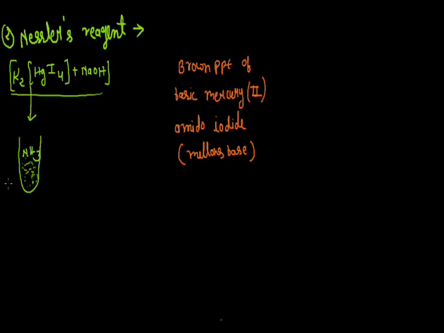So when we add Nessler's reagent to the test tube, after the reaction we find the brown PPT, that is Millon's base. This brown PPT indicates that the salt contains ammonium ion. So the ammonium ion, NH4 plus, is confirmed.